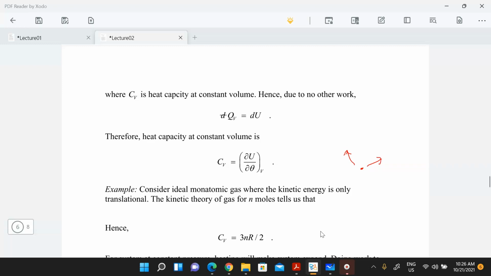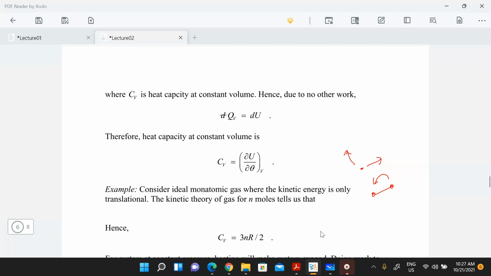But if you have something like a dumbbell, for example, then you can have other motion like rotation and things like that. So that will give you different degrees of freedom. So with translational, there will only be 3 degrees of freedom, because of the 3 dimensions.